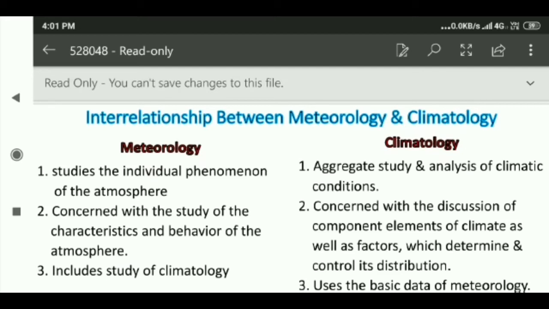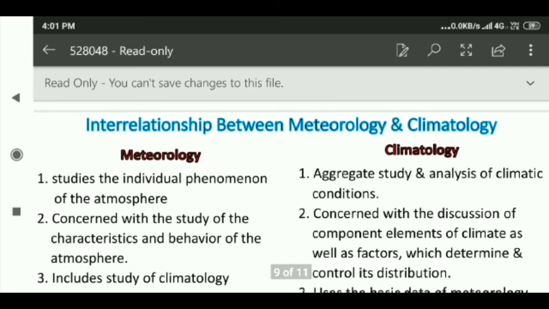Meteorology is concerned with the study of the characteristics and behavior of the atmosphere, and climatology is concerned with the discussion of the component elements of climate as well as factors which determine and control its distribution.